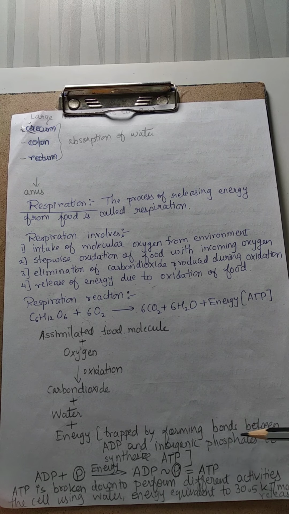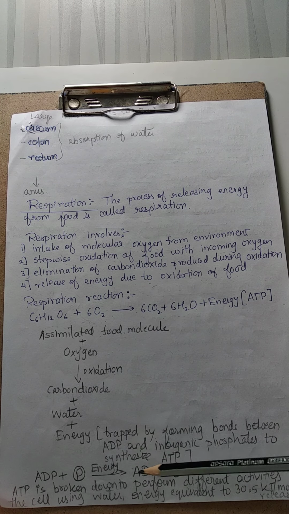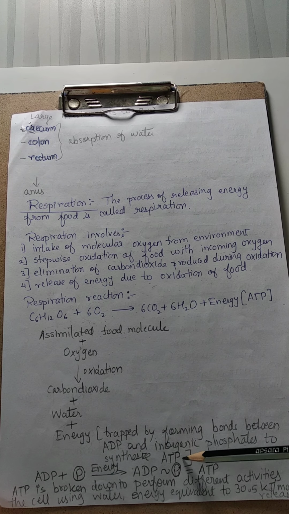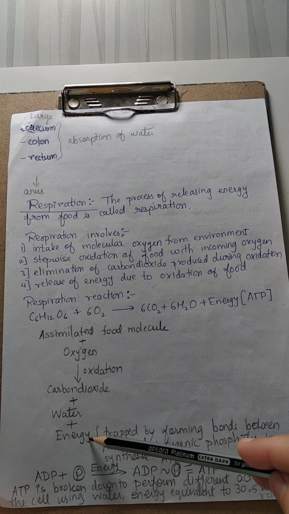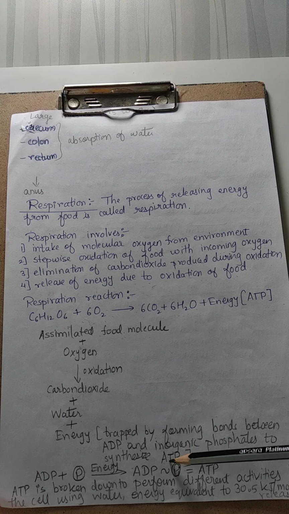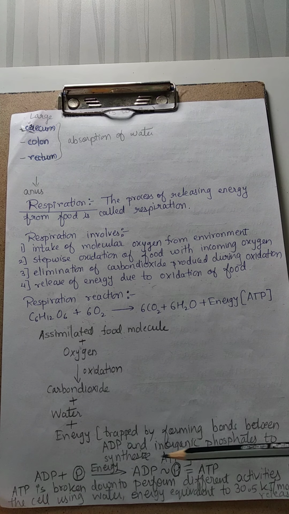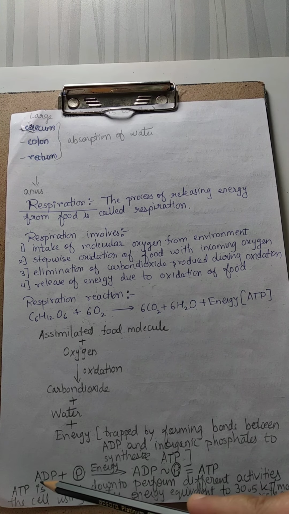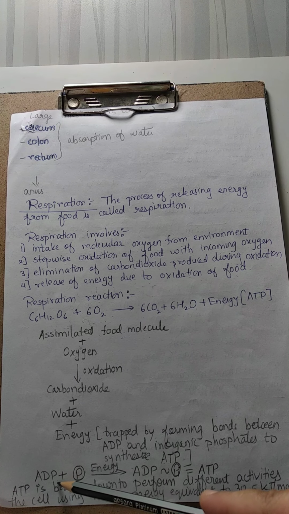forming bonds between ADP and inorganic phosphates to synthesize ATP. See, this released energy is stored in the form of ATP, that is adenosine triphosphate. Now, how is this adenosine triphosphate formed? Just see over here. This is ADP, that is adenosine diphosphate. Diphosphate, that is 2. Di is 2.